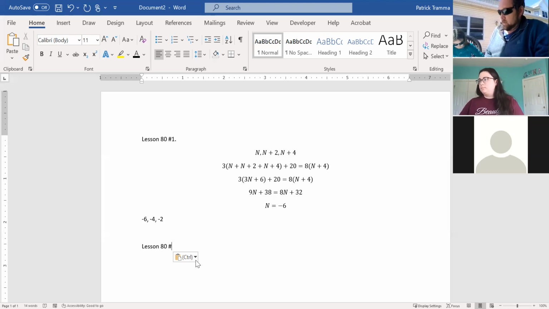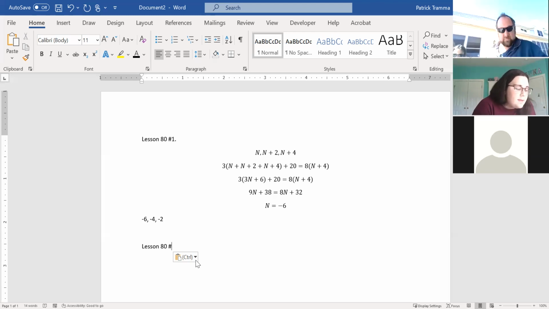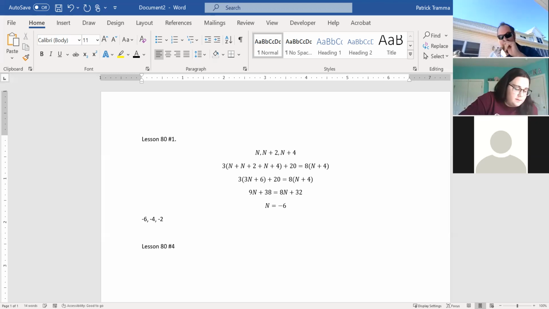Back to Anna here. Number 4. Read it to me. The fairies outnumbered the Hamadryads by 130%. If there were 460 fairies in the clearing, how many Hamadryads were present?